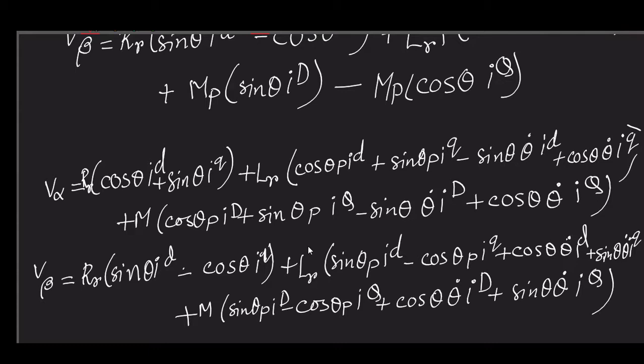Now see the amount of mess it produced. So obviously this is not something having constant coefficients, but this is quite a hybrid equation having alpha, beta, small d, small q, and capital D, capital Q.